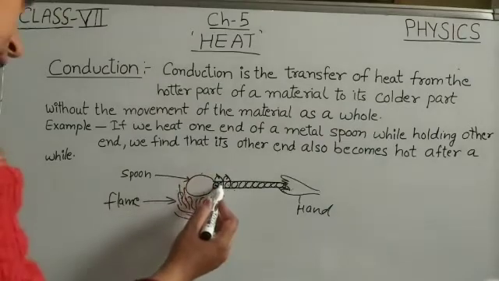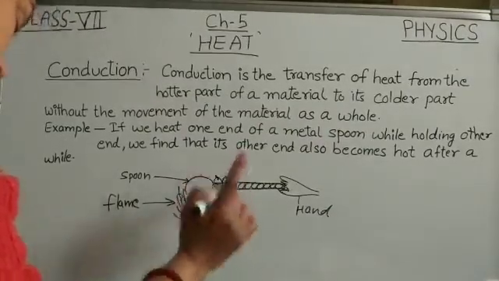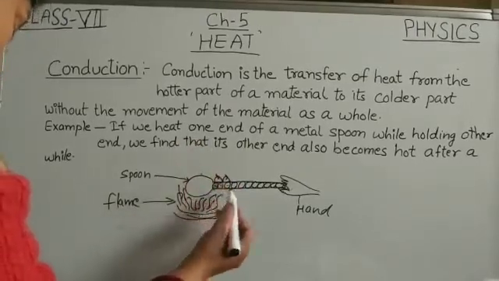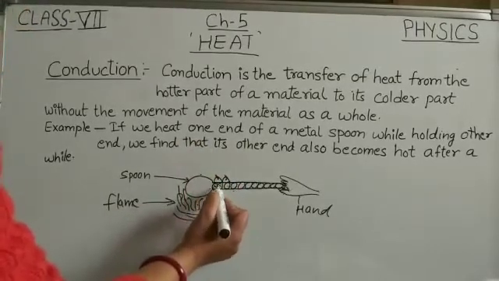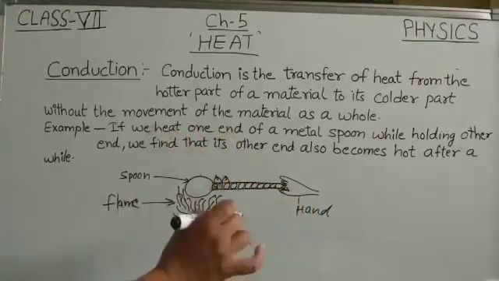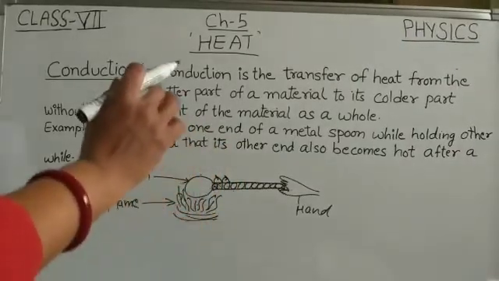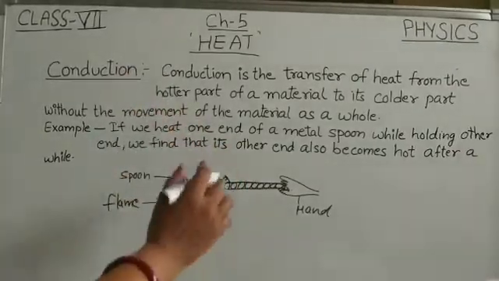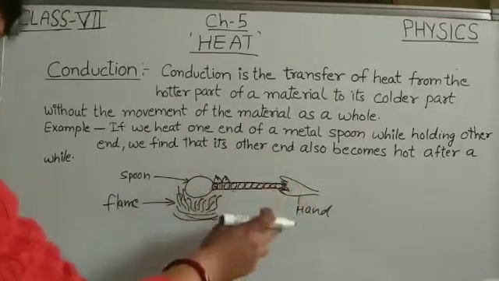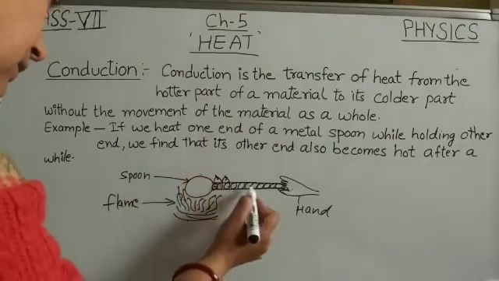The particles of a solid remain at their fixed position. There is no actual movement of the particles of the solid from its hotter end to the colder end during the conduction of heat through it. So we can say it is the transfer of heat from one point to another in such a way that there is no actual motion of the particles of the medium.